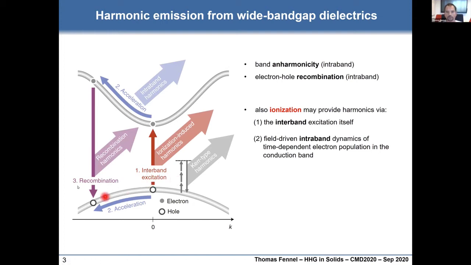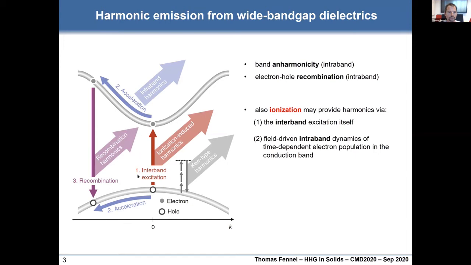And there are contributions from the recombination, as we all know from the atomic business, but there's probably also an important additional contribution, and that's the focus of my talk, and this is ionization. And ionization, which would correspond to the first step in the three-step model, may provide harmonics at least via two possible mechanisms.